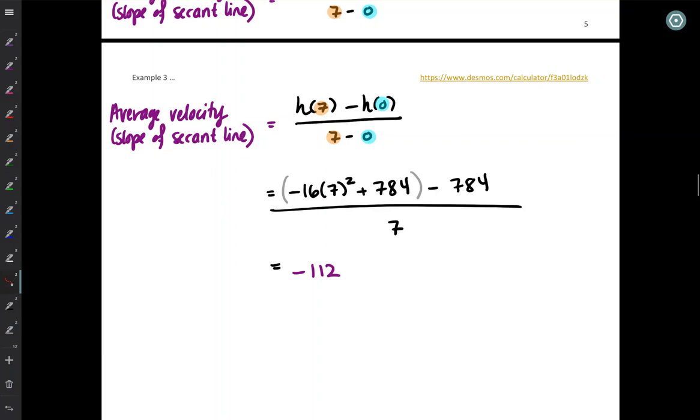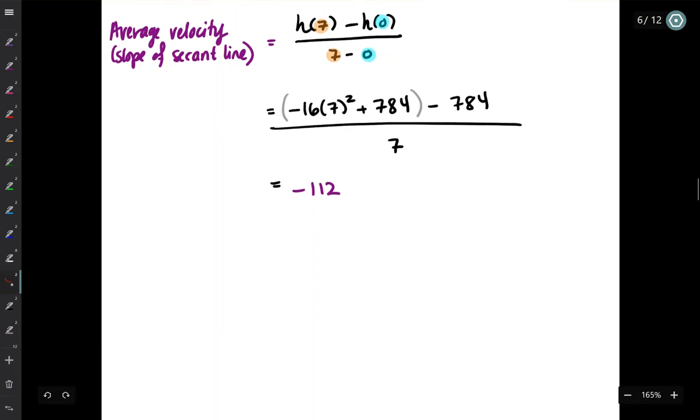Now we need to take a derivative, and then we'll set the derivative equal to minus 112 and find the t-value such that that instantaneous rate of change is equal to this average rate of change. So here's my function, minus 16t squared plus 784.